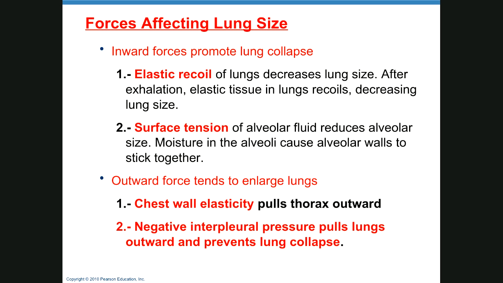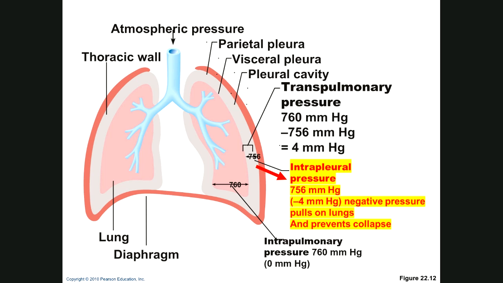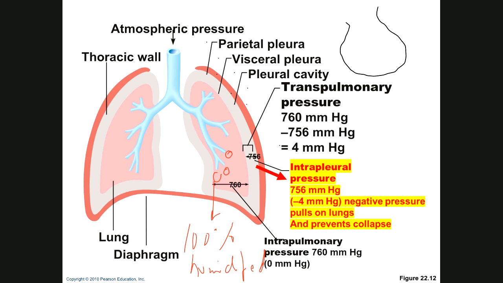The other problem is surface tension. We mentioned that the air that's going in is being humidified. By the time we get to the individual alveoli, air is 100% humidified. So this is the problem. We have these incredibly thin structures, the alveoli, the sacs, which are loaded with water.